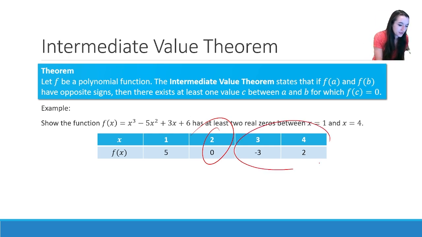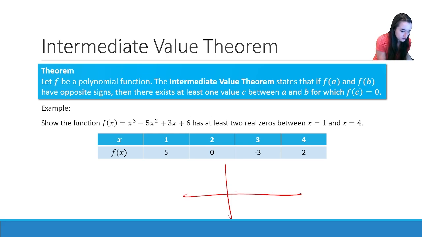And we can say that because of these 2 points. When x equals 3, f of x equals negative 3. So we're here. Then, when x equals 4, f of x equals 2. So we are now here. Some stuff could have happened in the middle, but at some point we had to cross. And so yes, a 0 exists somewhere in the middle.